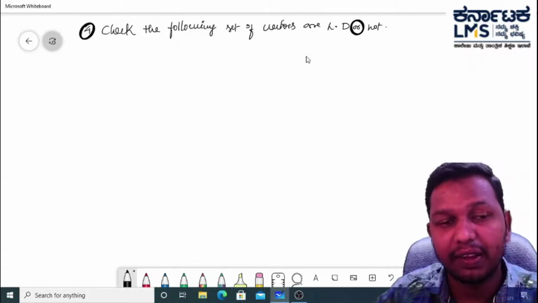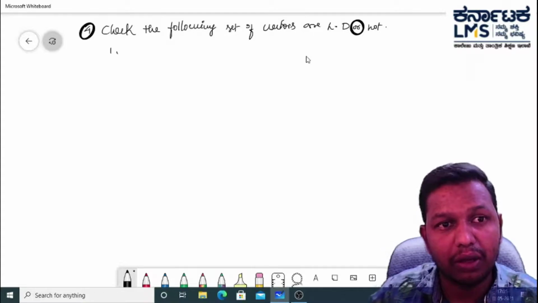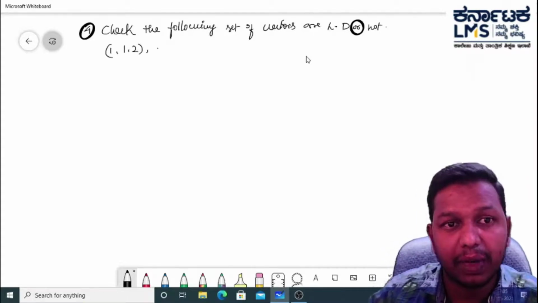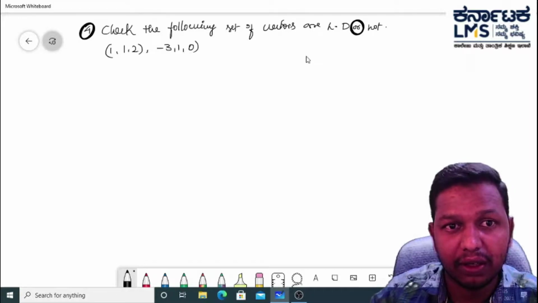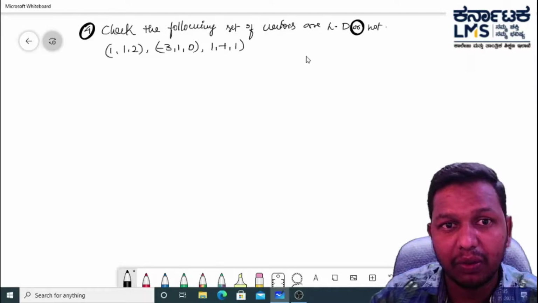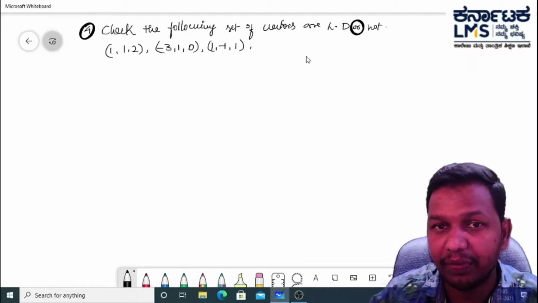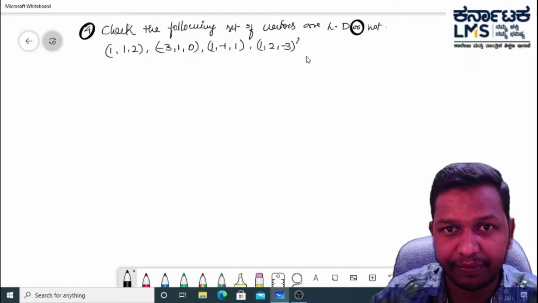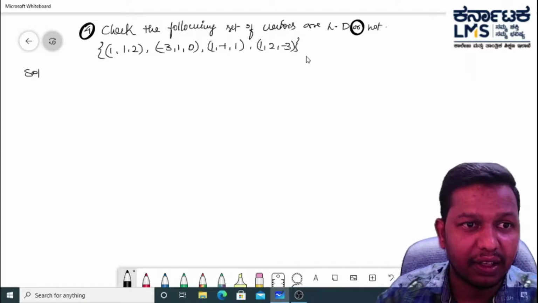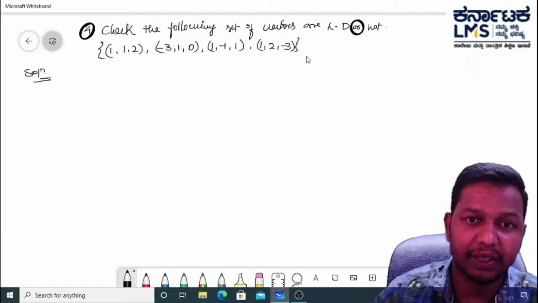So, the given set is (1, 1, 2) as the first vector, (minus 3, 1, 0), (1, minus 1, 1), (1, 2, minus 3). Let's see the solution for this one.